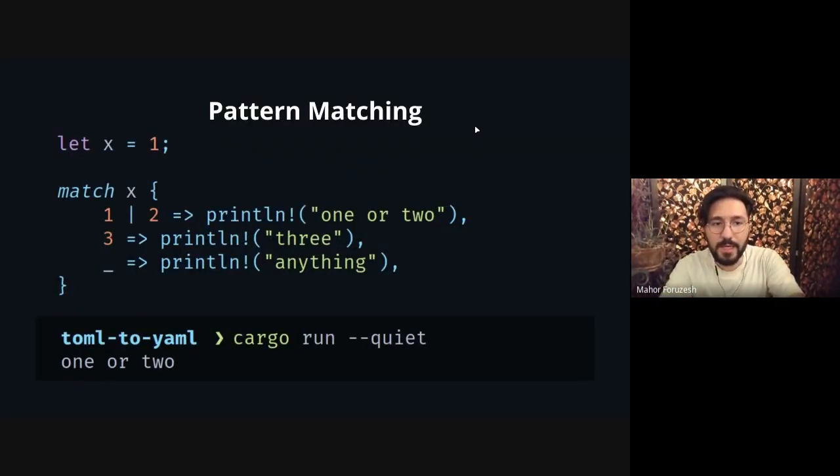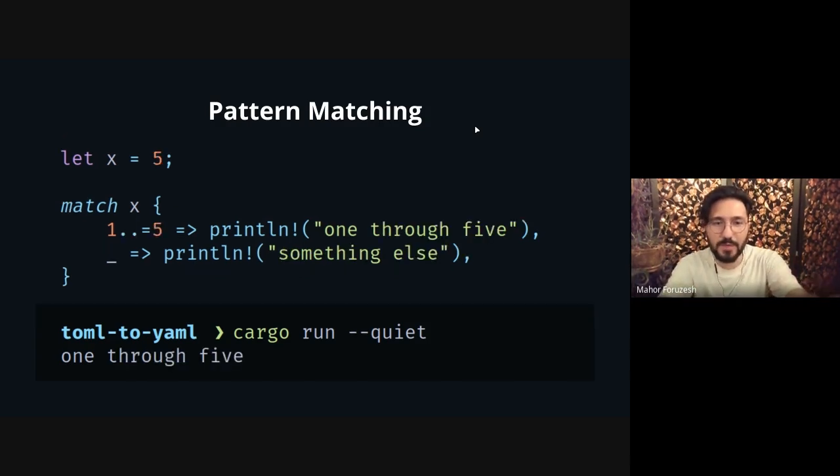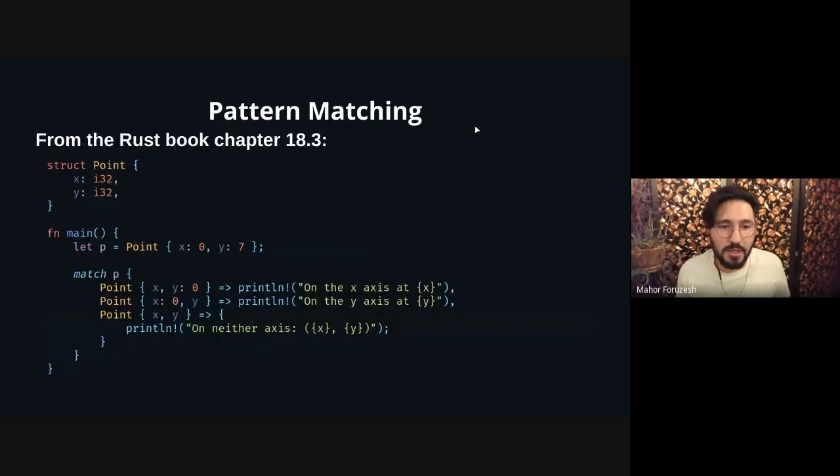We also have pattern matching, which is very powerful. You can do something like this. You can put your conditions in the match arms, and Rust will automatically match them for you. So it's very powerful. If the number is from 1 to 5, we can use something like this, or we can even match on objects.